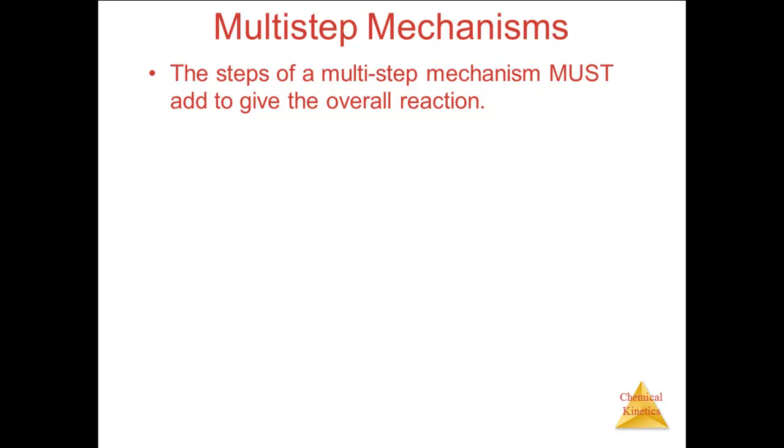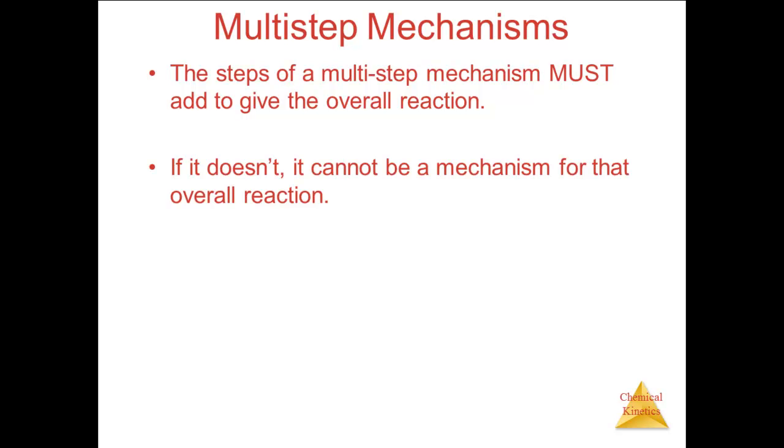The mechanism is supposed to show us exactly how the reaction occurs. That is, exactly which molecules react in what order to get us from the reactants to the products. If, when we add the elementary steps, we do not get the overall reaction, then the steps do not take us from the reactants to the products, and the steps cannot be a mechanism for that overall reaction.